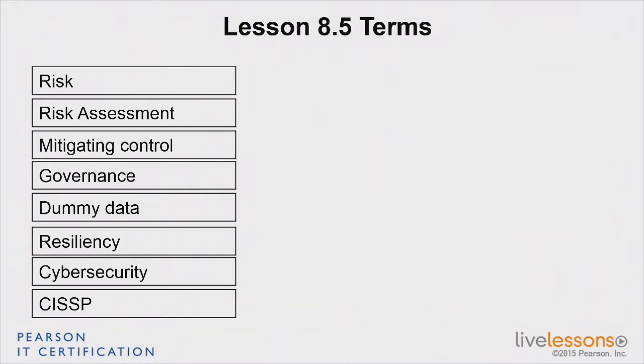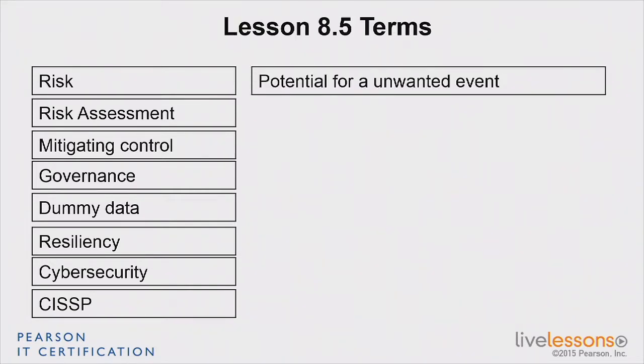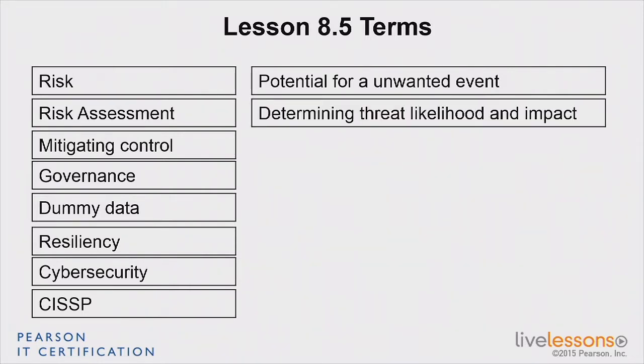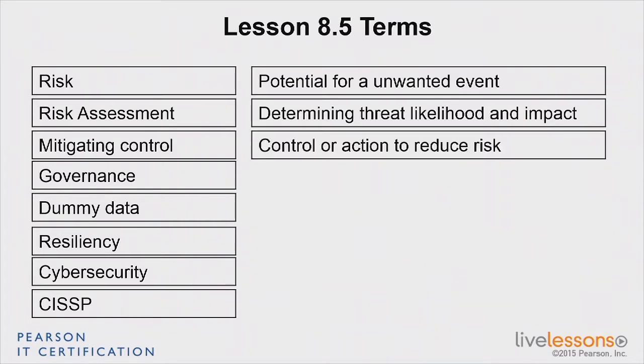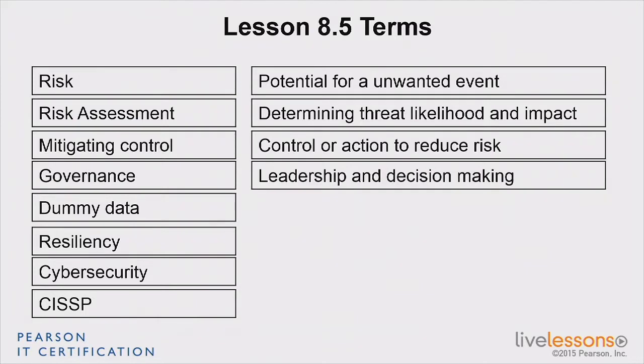All right, let's do our Lesson 8.5 terms. Risk is the potential for an unwanted event. A risk assessment is when we determine the threat likelihood and impact. A mitigating control is a control or action to reduce risk. Governance is leadership and decision making.